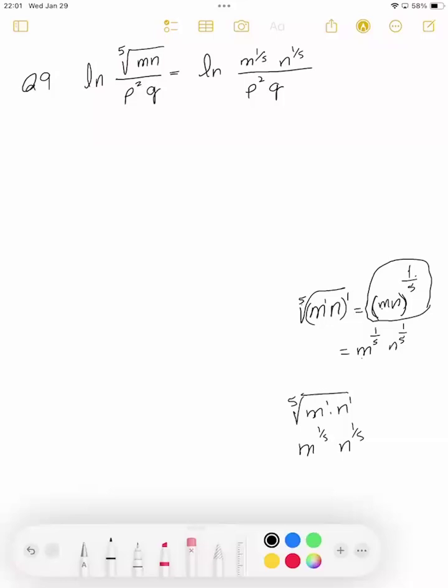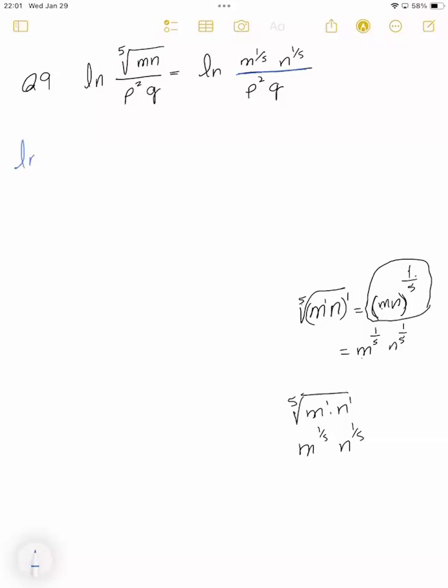So now that we have done that, we are going to get rid of the division. So I write this as ln of the top, m to the 1/5, n to the 1/5, minus ln of the bottom. Then I can write this as ln m to the 1/5 for this piece. I have a multiplication here.